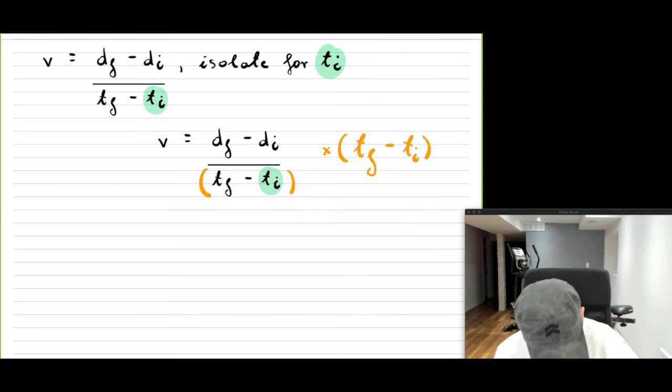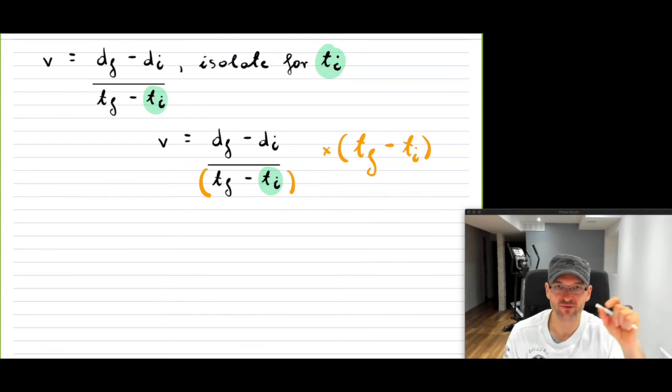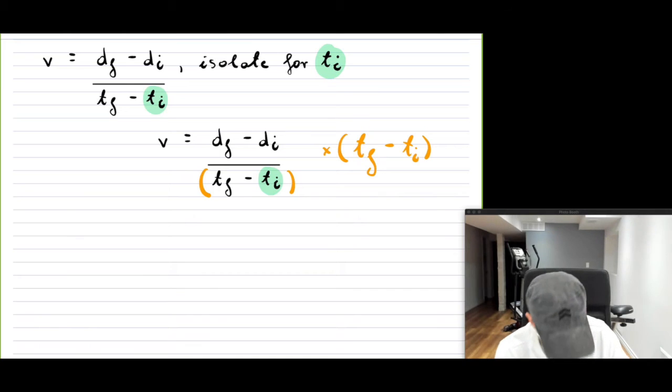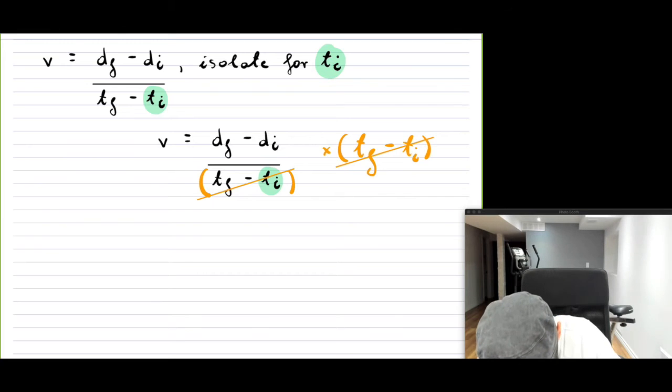And by the way, this subscript f and subscript i, they're part of your unknown. It's not d times f or d times i. When there are subscripts, it's just one unknown. So now this cancels, so that is gone. But of course I have to do that on the opposite side as well. So I'm going to have t_f minus t_i here.